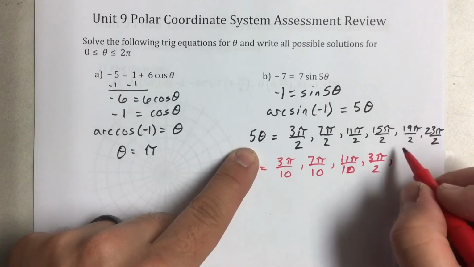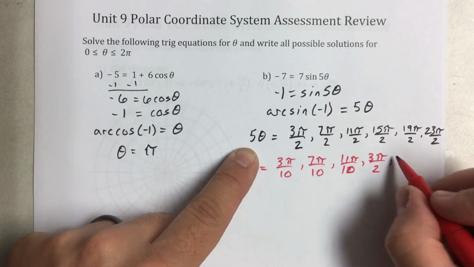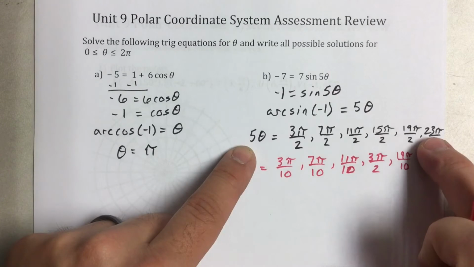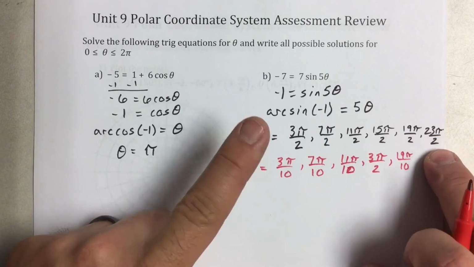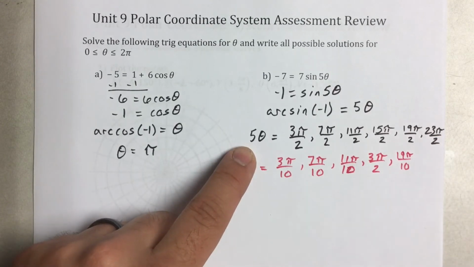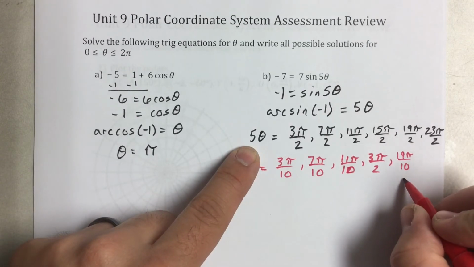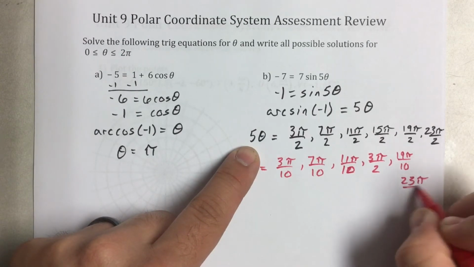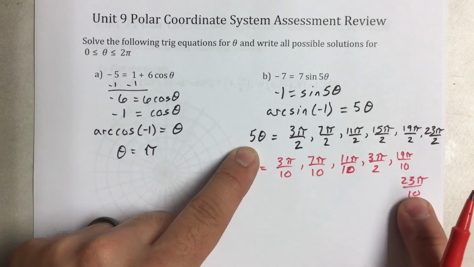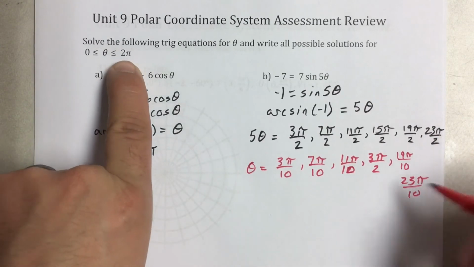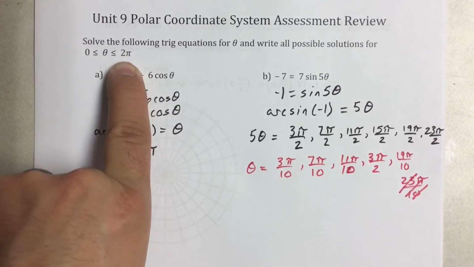And 19 pi over 2 divided by 5 is 19 pi over 10. Now when I divide 23 pi over 2 by 5, that's past 2 pi. If I do 23 pi over 10, 20 pi over 10 would be 2 pi, and that is outside of our range, so we would disregard that value.